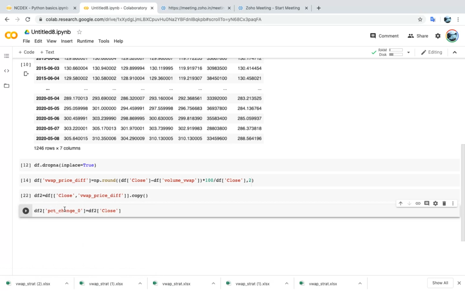Okay, it was taking the reference of the data frame df. So instead of just assigning df into df2, I have copied these two columns into df2. So now there should not be any problem. So now this time it worked.